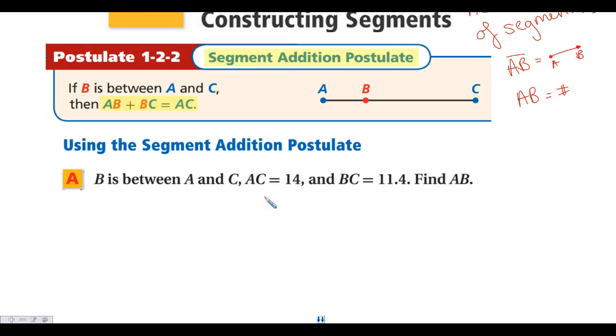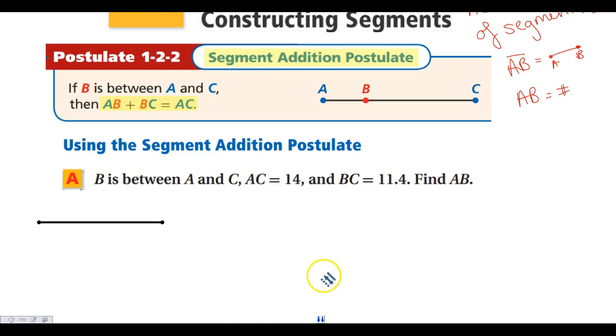So next to that, over on the right-hand side of the steps, you are going to draw a picture. All right, it says that B is between A and C. So I am going to get my line tool or my segment tool here, and I am going to draw a segment here.